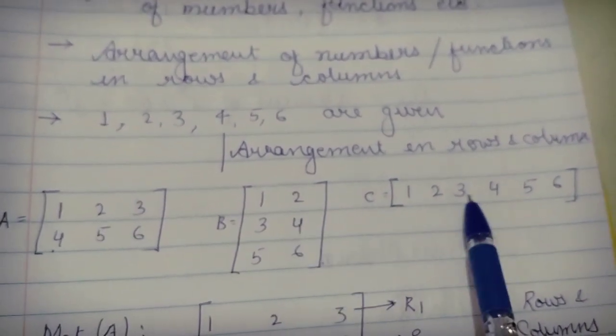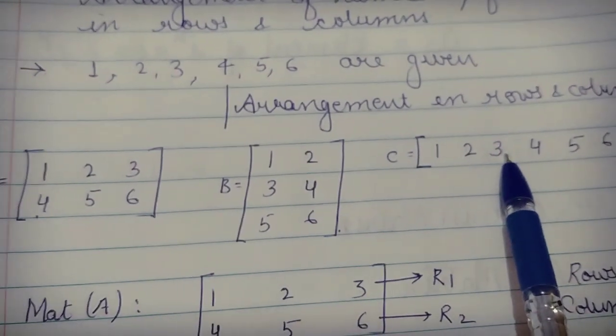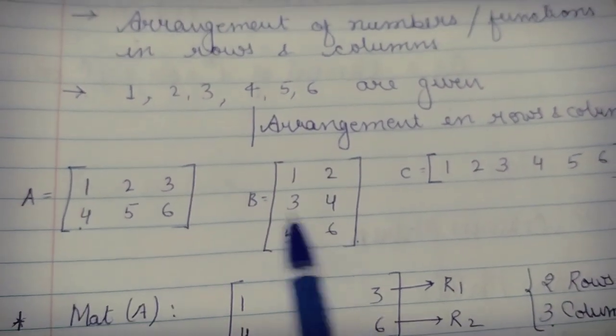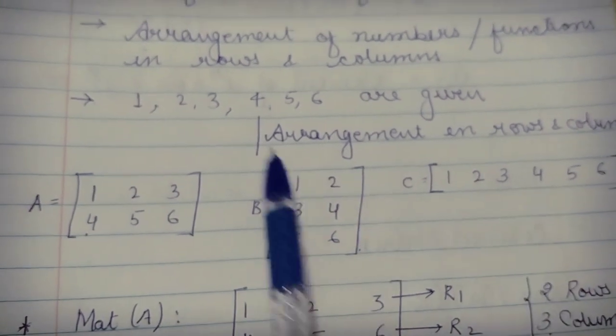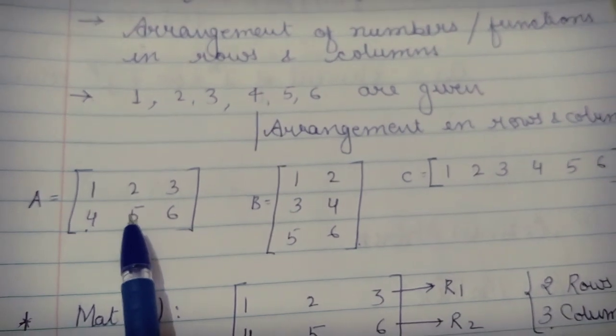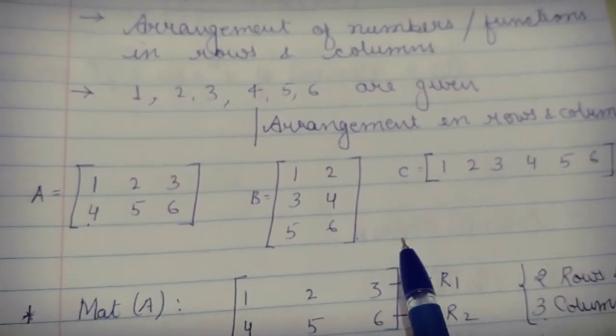All these forms are known as matrix because in these three forms we arrange the given numbers in the form of rows and columns.